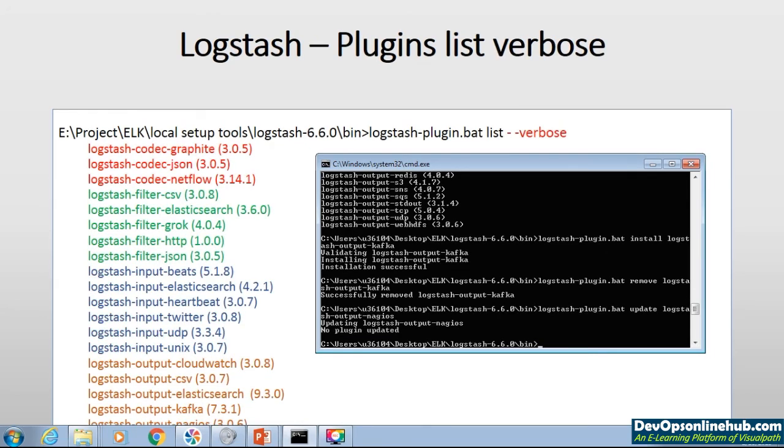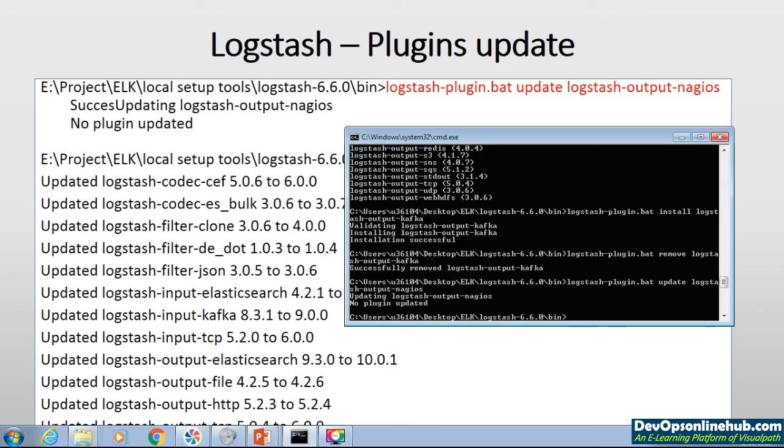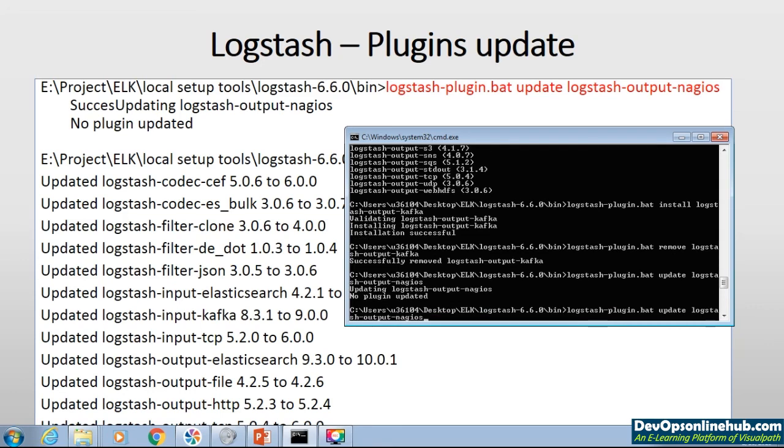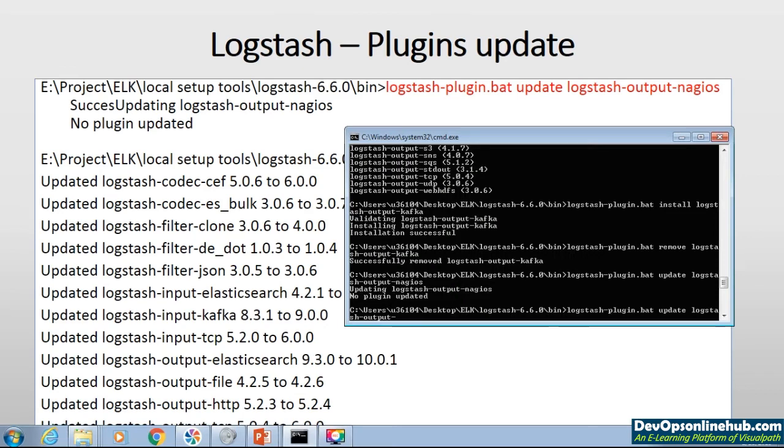Since the plugin was already updated, it skipped the update command and returned the output no plugin updated. Now let's try some other plugin and see if we have any luck updating it. Suppose we want to update the output plugin logstash-output-tcp.